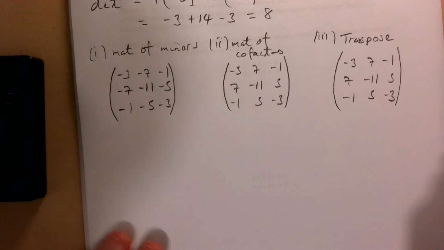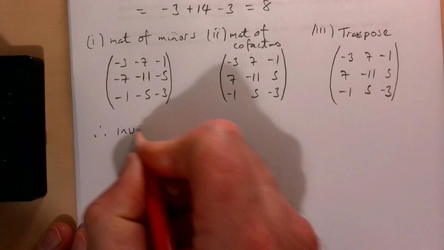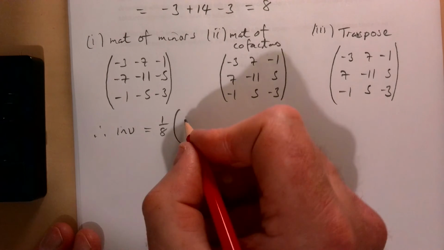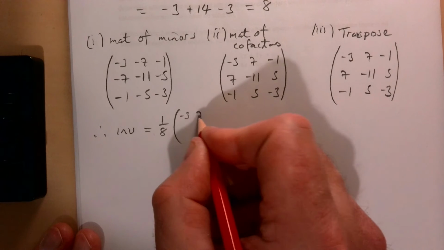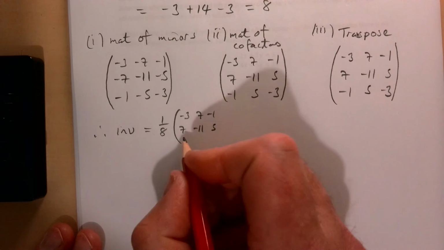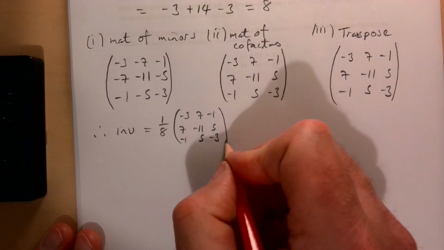So the inverse then of this particular matrix, therefore inverse equals an 8th, -3, 7, -1, 7, -11, 5, -1, 5, and -3.